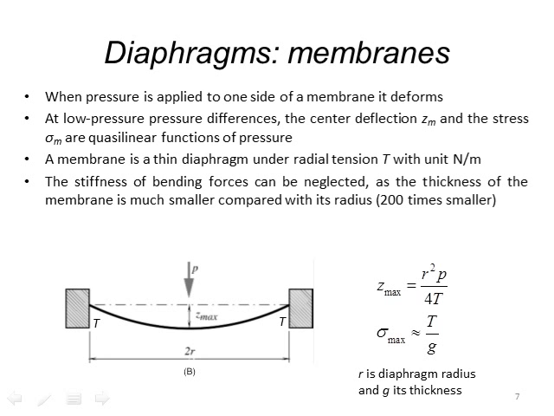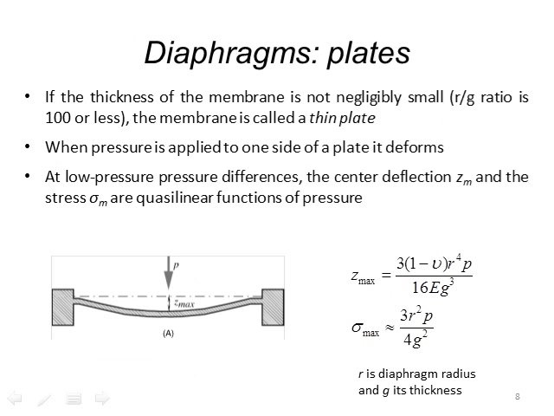Okay. Now, the center deflection over this quasi-linear range can then be written as r squared times the pressure, P, divided by 4 times the tension. And then the maximum stress is T over G, where G is the thickness of the plate, the membrane.